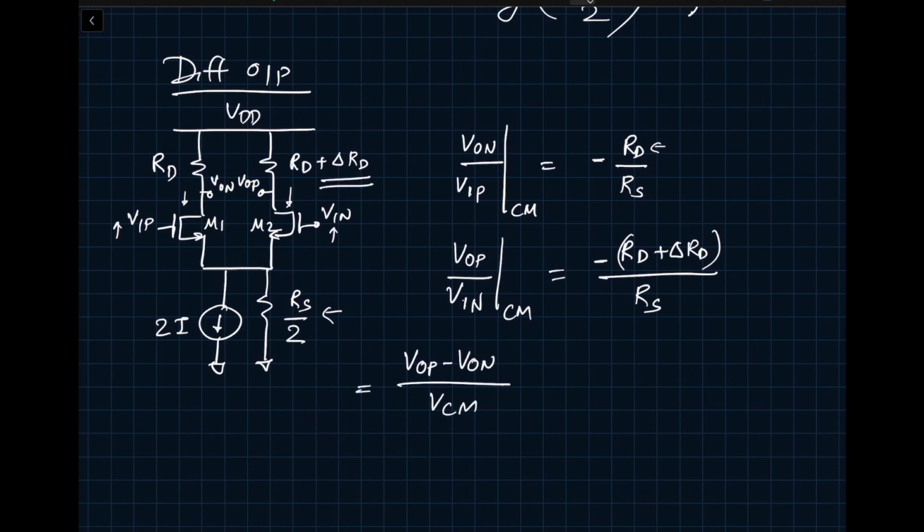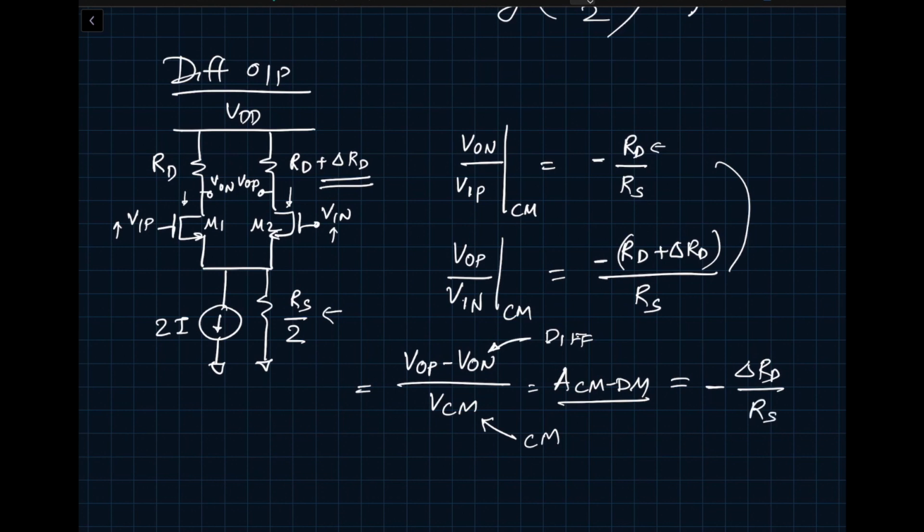And this would be your ACM-DM. This is differential output and this is common mode input. Common mode, and this is your differential. Let's write that. So what would that be? That would be equal to, if you subtract these two, minus delta RD divided by RS. So this is our common mode to differential mode gain.